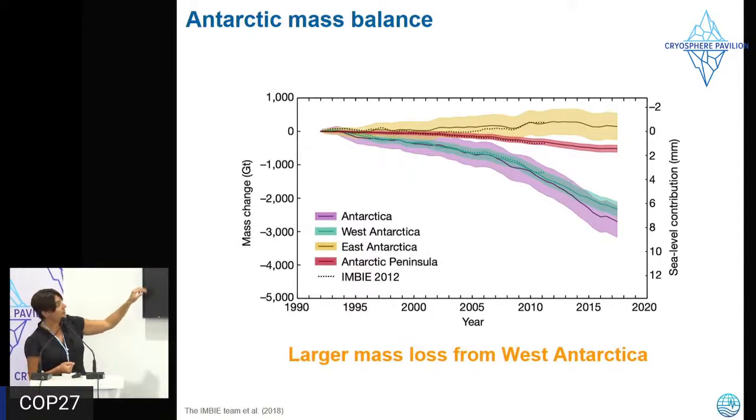And the Antarctic Peninsula has a contribution, but that cannot explain the trend of Antarctic mass loss, actually. So it is quite clear from this graph that most of the contribution of Antarctica to sea level rise in the 20th century and the beginning of the 21st century is due to West Antarctic melting.